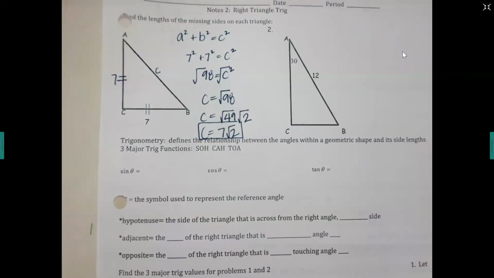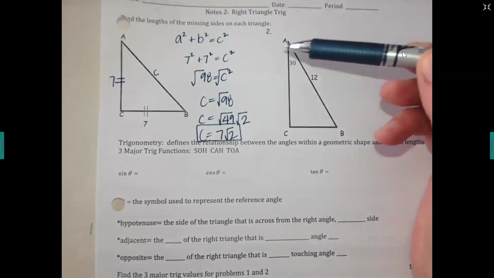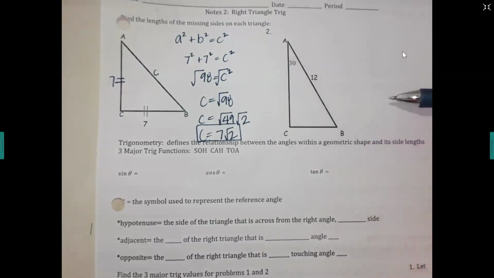Sure. Yeah. All right, now for number 2, I want to ask you, could you use Pythagorean theorem to solve this second triangle? No. How many sides do you have to have to do Pythagorean theorem? 2.